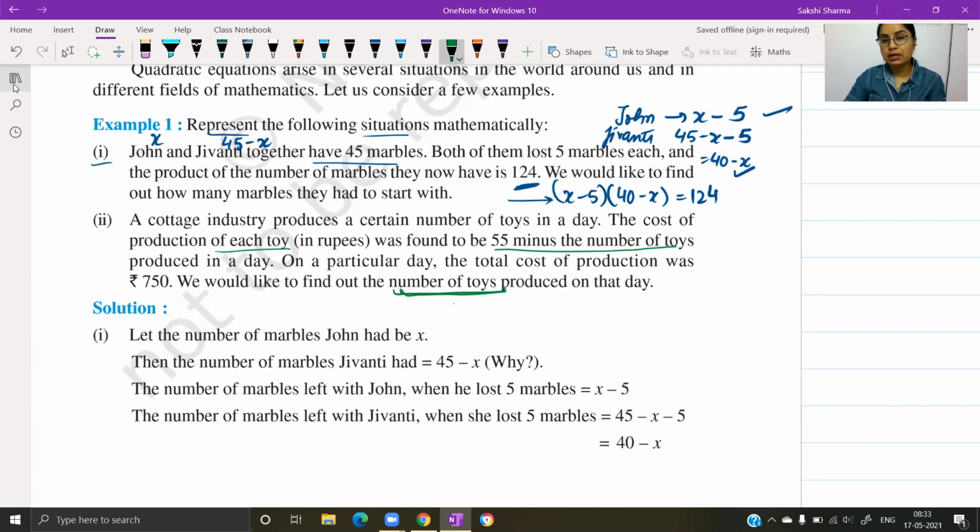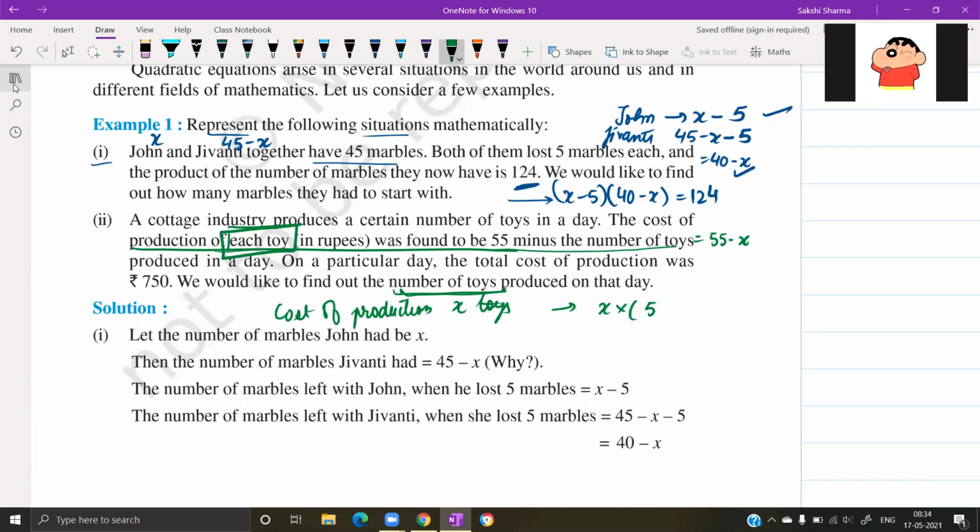So let's represent the number of toys as x. Then the cost of production for each will be equal to 55 minus x. This is the cost of production for each toy. What will be the cost of production for x toys? If the cost of one is 55 minus x, then how much will it be for x toys? x times 55 minus x.